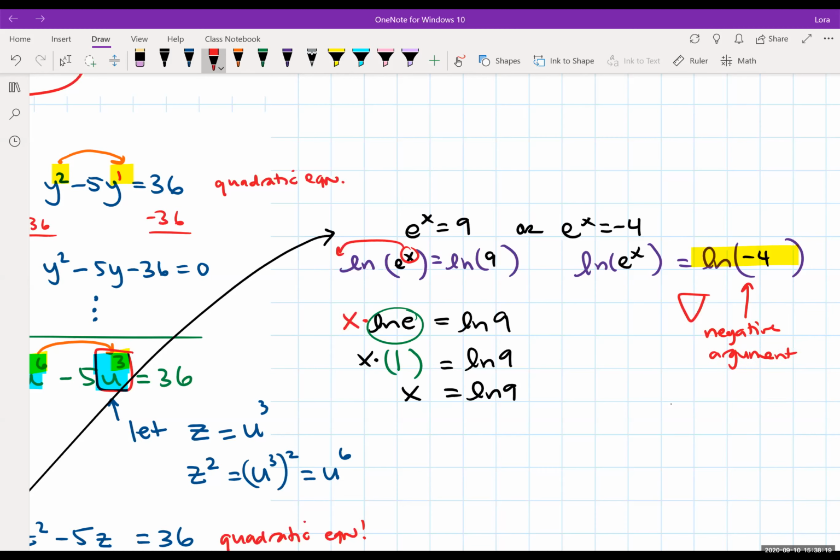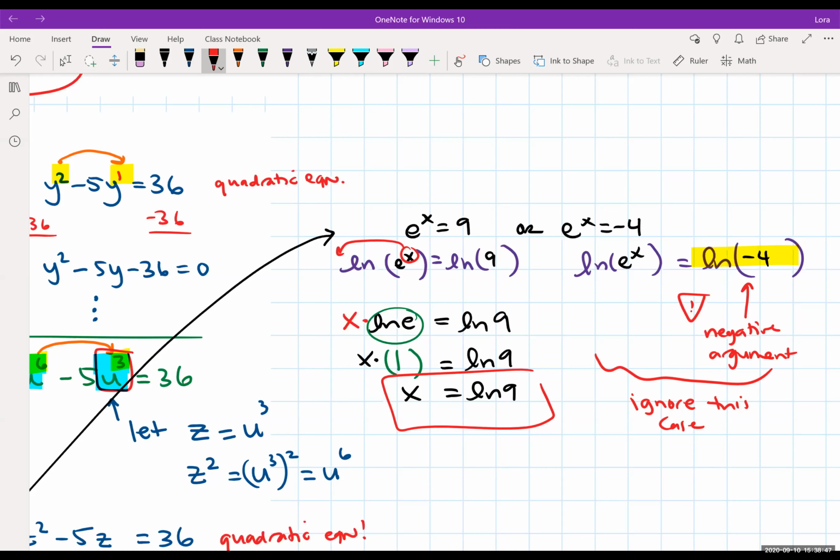We could never have this. So this particular case does not make sense. It leads to no solution. It doesn't work. So we're going to negate this case, or omit this case, ignore the case. So that leaves us with the only solution to be natural log of 9.